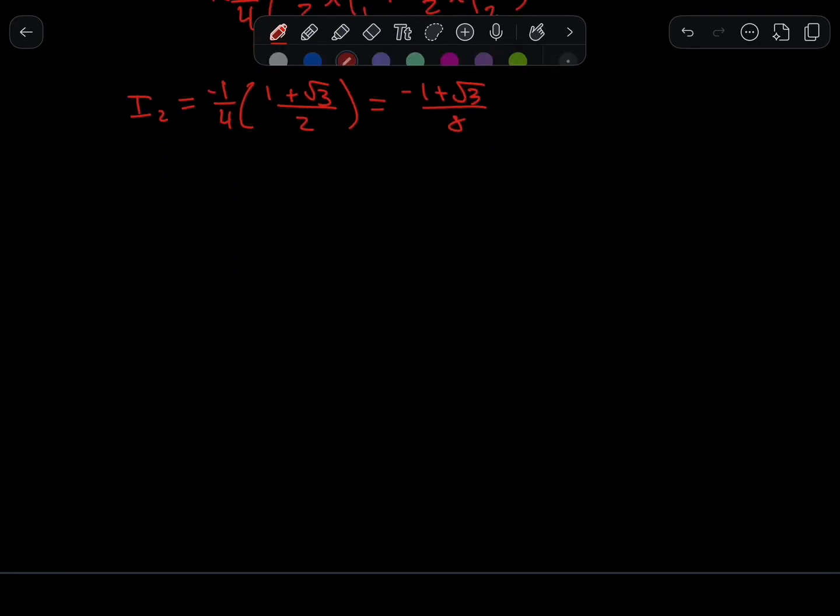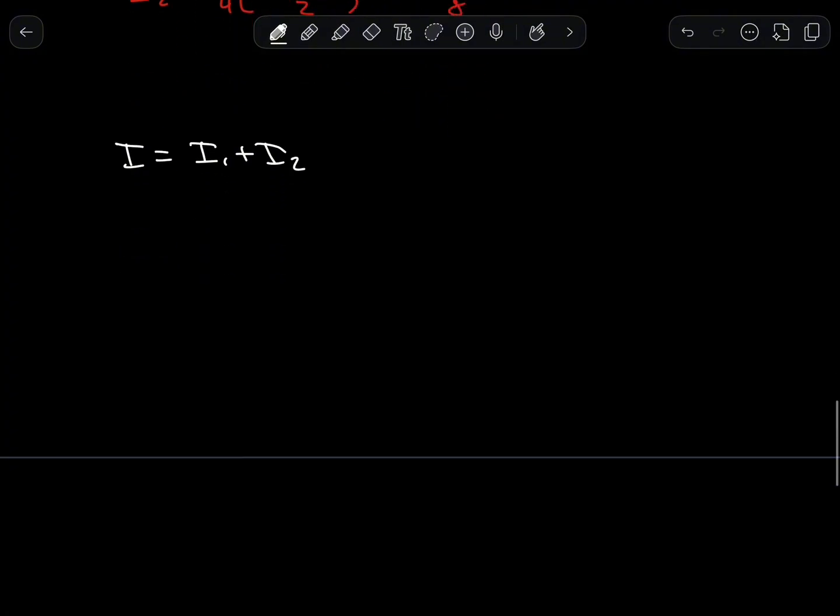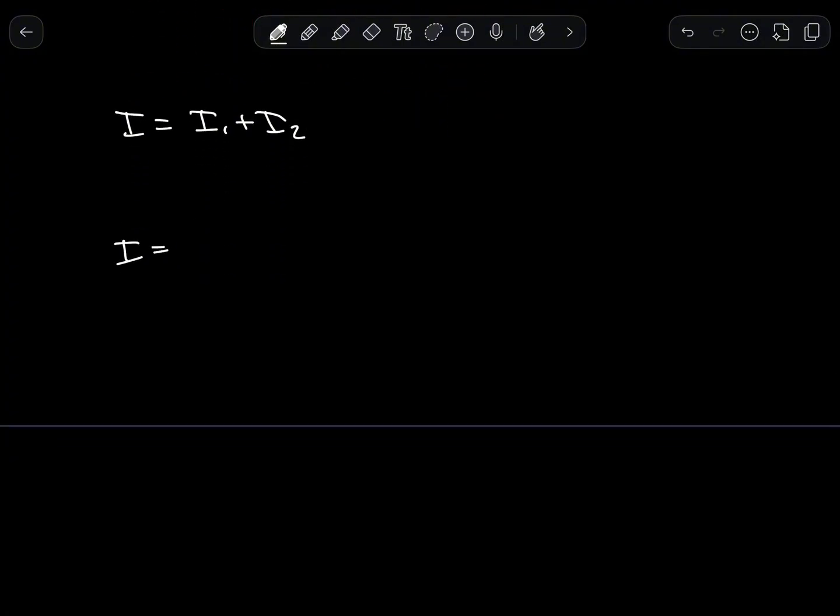And now if you recall, the integral is equal to I1 plus I2, which therefore implies I is equal to 9 plus 5 root 3 over 8, which actually I'm going to hold off on that. We're going to 9 plus 5 root 3 minus 1 minus root 3.